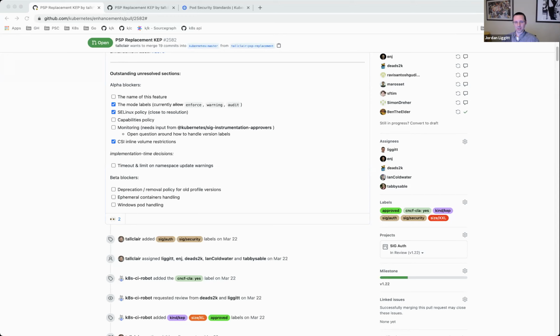Is the concern confusion or kingmaking, so to speak? What's your concern, Tabitha? I guess confusion. To me, the pod security standards are this platonic thing that exists on a web page.